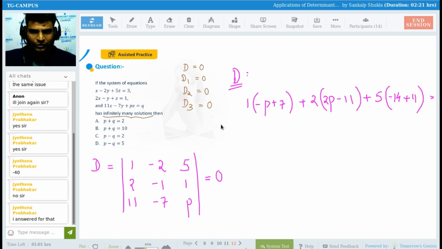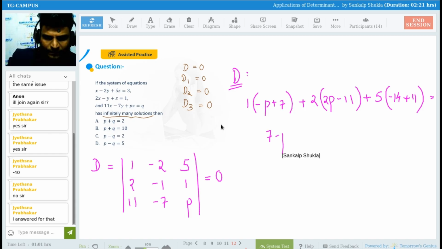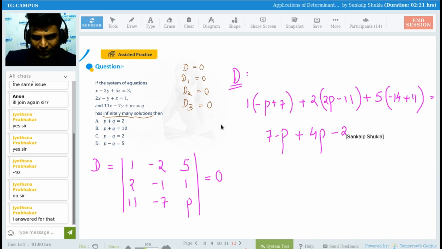And all you have to put equal to 0. So 7 minus P plus 4P minus 22 minus 14 plus 11 is minus 3, minus 3 into 5 is minus 15. It's equal to 0. So 7 minus 22 is what? Minus 15. Minus 15 minus 15 is minus 30.